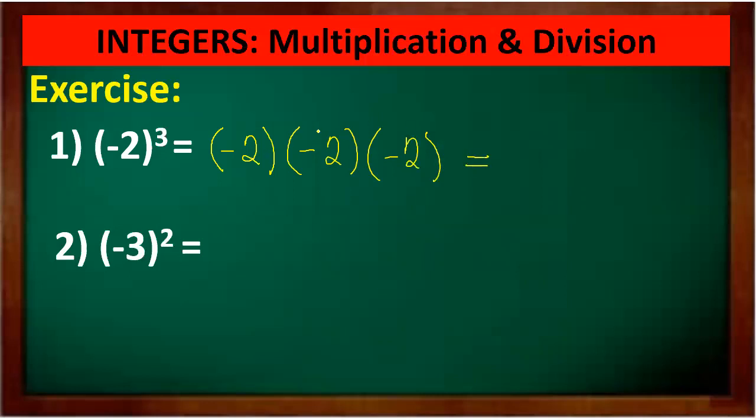If we are going to multiply negative 2 times negative 2, pareho yung sign nila. So meaning to say, we are multiplying like signs. So therefore, when we multiply negative by negative, that will be a positive. So 2 times 2 is 4. So positive 4, okay, multiply natin times negative 2.